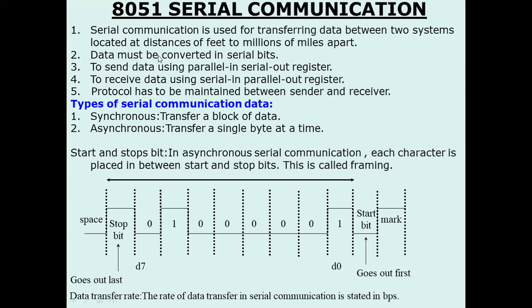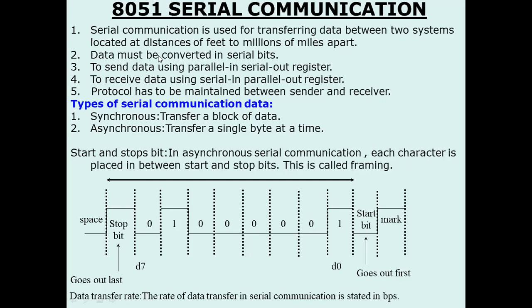But the bandwidth required for parallel communication is much higher than that of serial communication. So this is the basic difference between serial and parallel communication. In case of 8051, only serial communication is there.